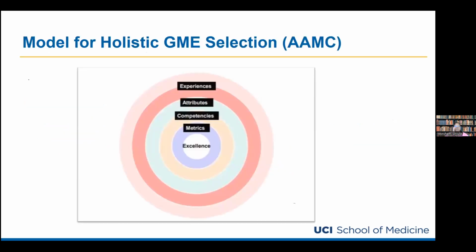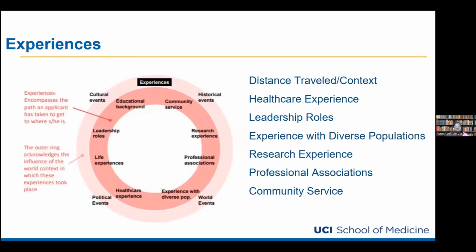So this model for holistic GME selection, which we often refer to as EACM, refers to experiences, attributes, competencies, and metrics. As we break that down, the inner ring of experiences encompasses the path an applicant has taken to get to where they are in front of you.